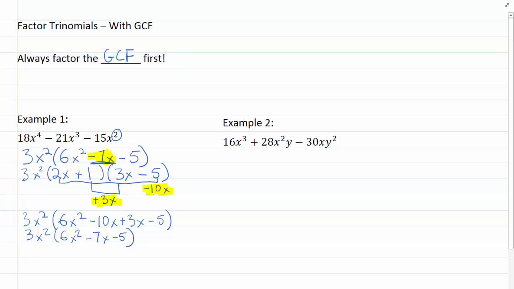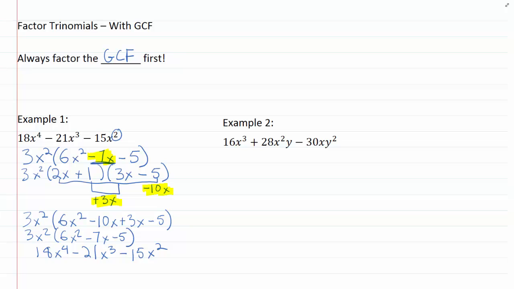And then I want to distribute this GCF back in. And I will get 18x to the 4th minus 21x to the 3rd and minus 15x squared. So that will give us the exact same thing as our original expression. 18x to the 4th, 21x to the 3rd, and 15x squared.